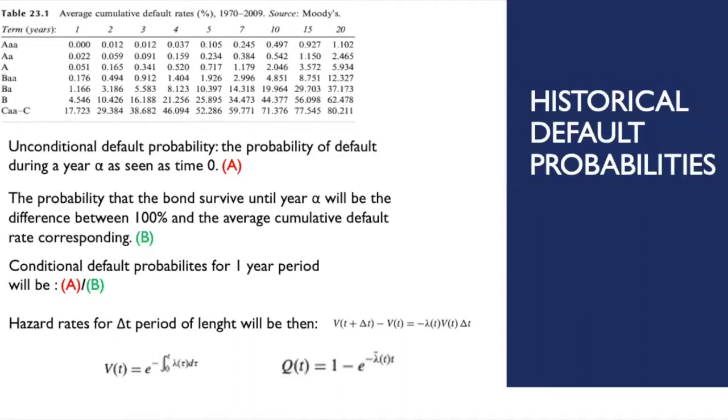Knowing this, the cumulative probability of the company surviving to time T is going to be the exponential of minus the integral from 0 to T of the hazard rate, and the probability that the bond is going to default is going to be 1 minus the cumulative probability that the bond will survive.